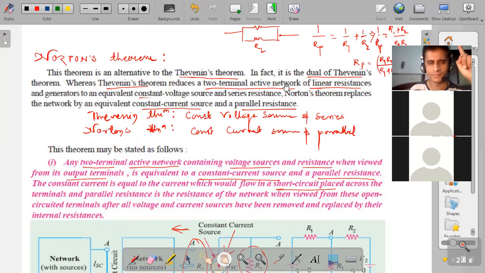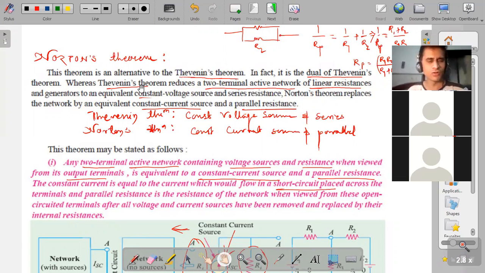Thevenin theorem reduces a two-terminal active network of linear resistance to a constant voltage source and series resistance, whereas Norton theorem replaces your network by an equivalent constant current source and parallel resistance. This is about the Norton theorem.